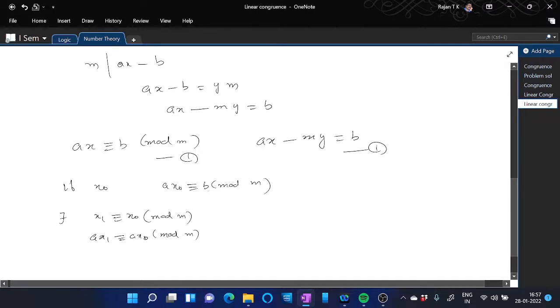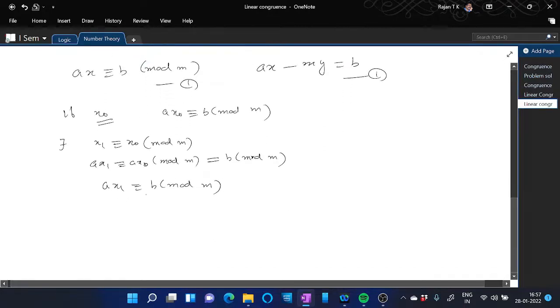And since Ax0 is congruent to B modulo M, and this is congruent to B modulo M, that is, Ax1 is congruent to B modulo M. So what we are getting is, if x0 is a solution, that is, if Ax0 is congruent to B modulo M, then Ax1 is congruent to B modulo M, which indicates that x1 is also a solution to the linear congruence Ax congruent to B modulo M.